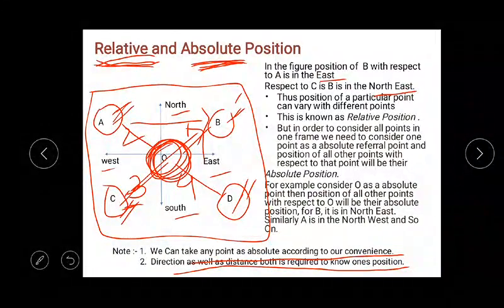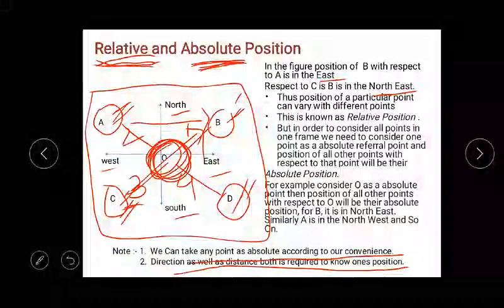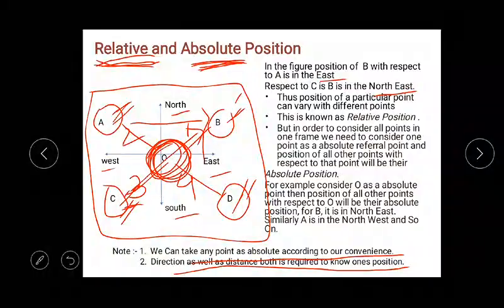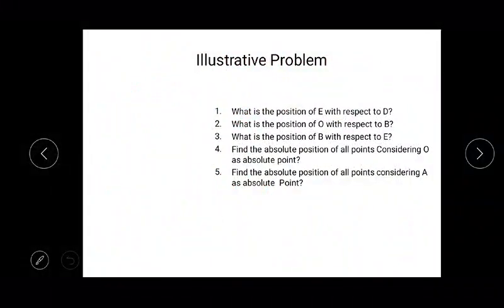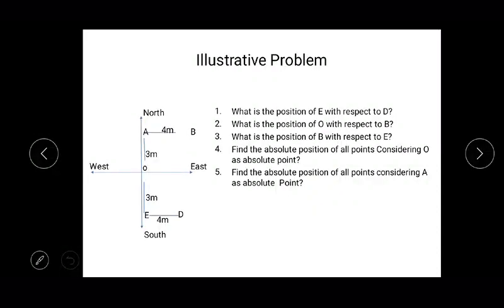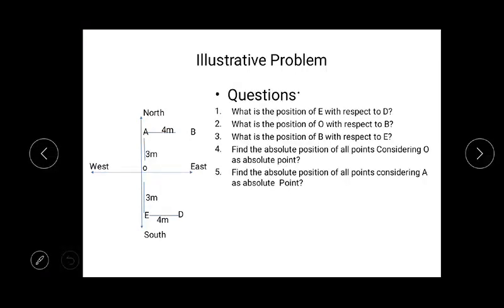Now following this explanation of relative and absolute position, we have a set of questions here. Five questions are given and all five are related to position, and the graph is given. You can take the help of the graph and try to answer the questions and send it to my personal WhatsApp number, which is given in the class 9 group.